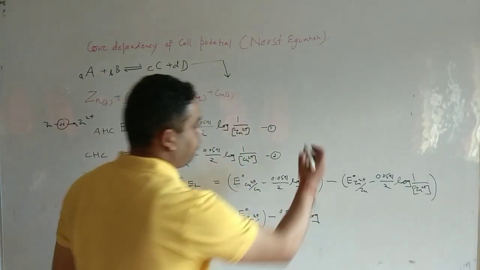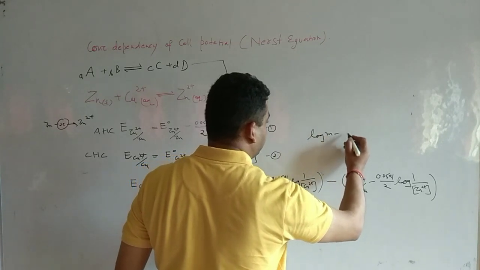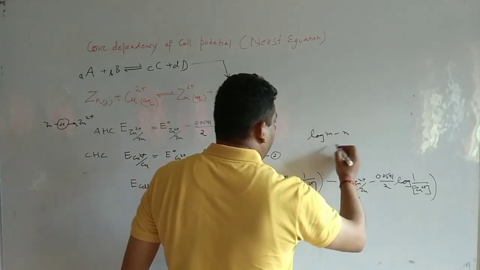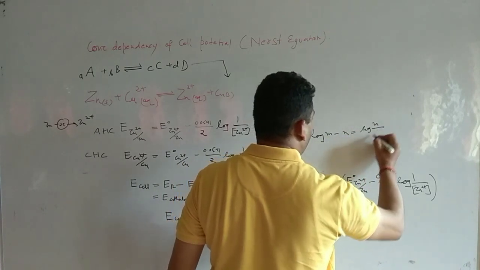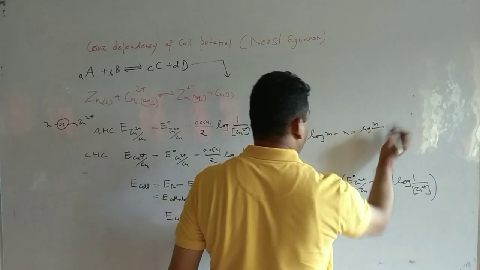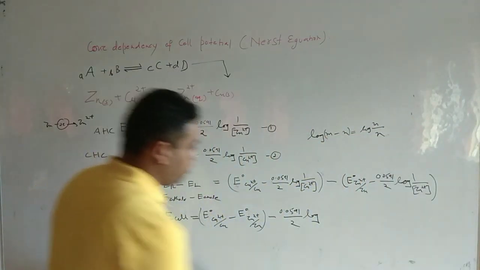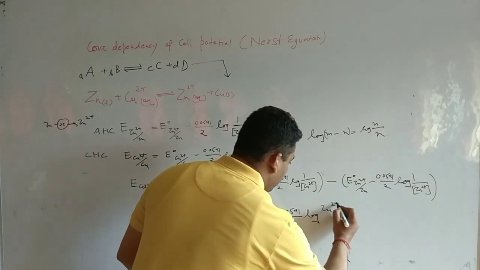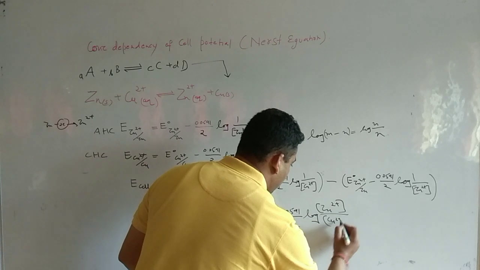If you solve the problem by putting log m minus log n, that will give you log m by n. In this way you can write. So here you will write again your Zn2+, and this is your Cu2+.